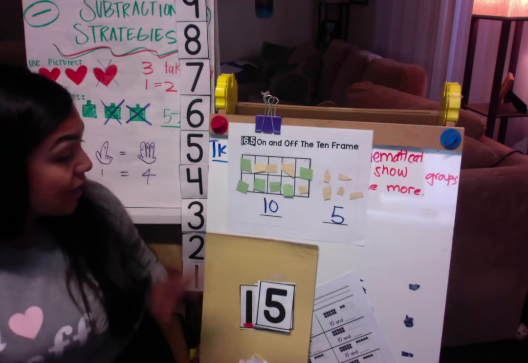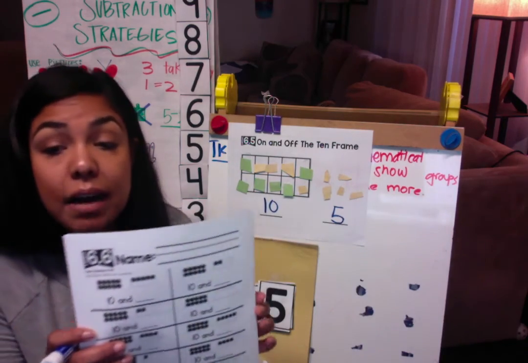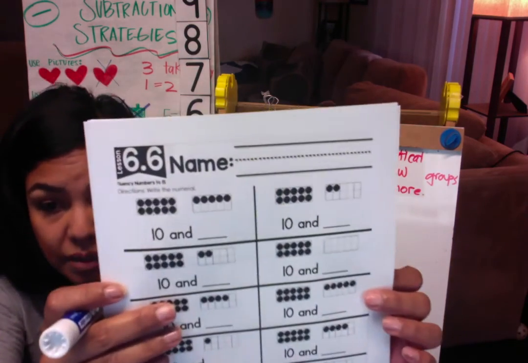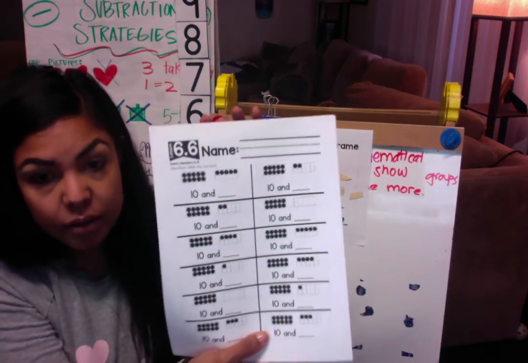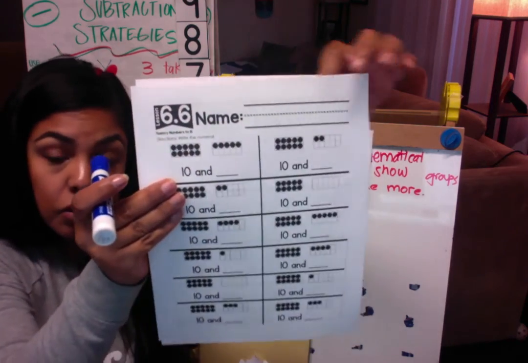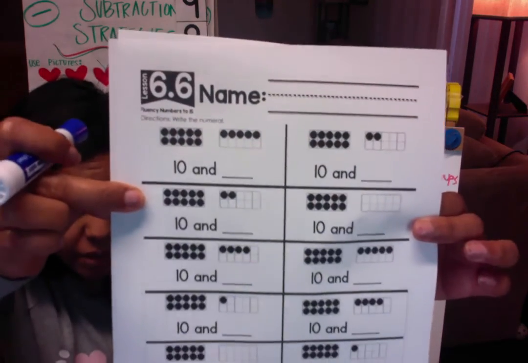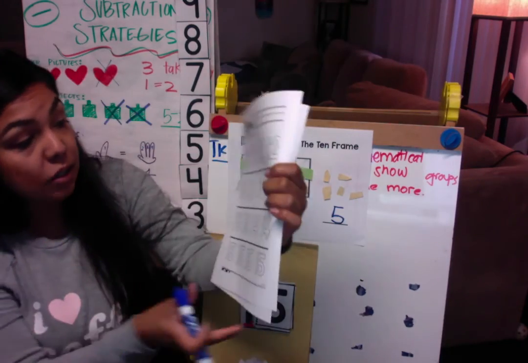Very good. So when you guys are done with this, you will have additional worksheets that look just like this. I believe this one is 6.6. You guys are working with 10 frames, just like we're doing today. Okay, 10 frames. Now, TK, you also are practicing your numbers.